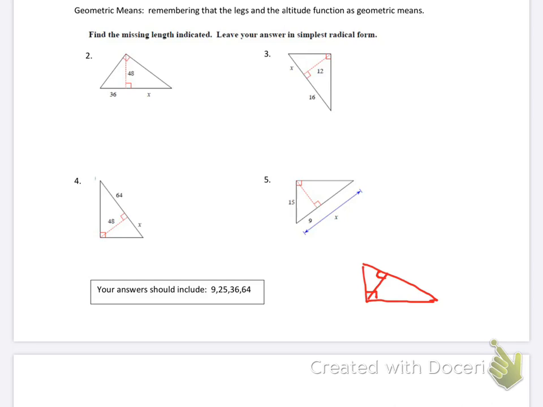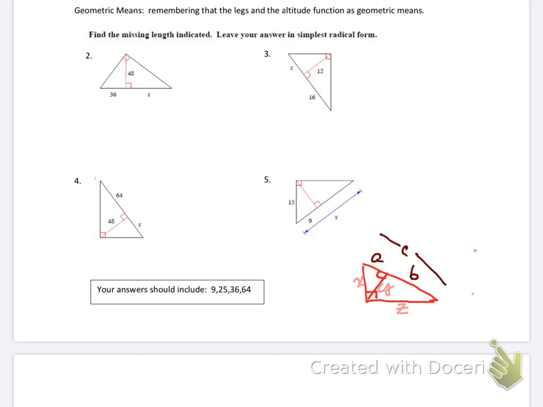So the geometric means are going to be, and I'll change color. So this is a leg. It's a geometric mean. Here is the altitude. It's a geometric mean. And here is the other leg. It's a geometric mean. So then I'm going to put letters on the hypotenuse. Okay, so I'll call this A, B, and then we'll call the whole length C.